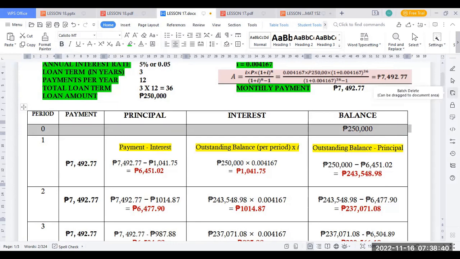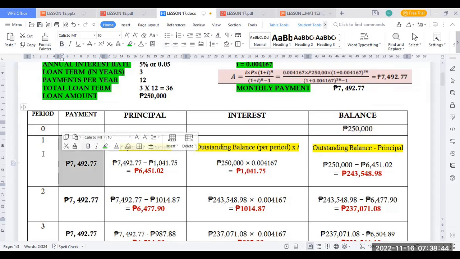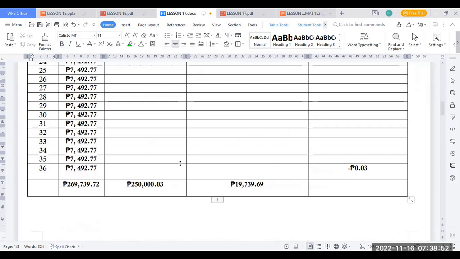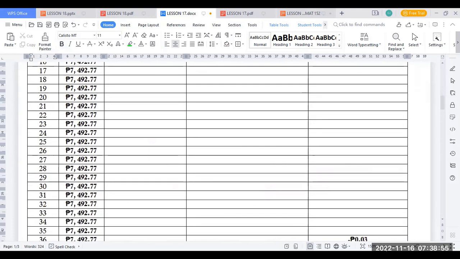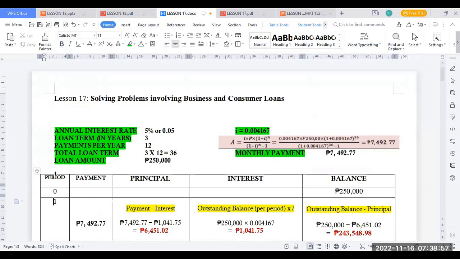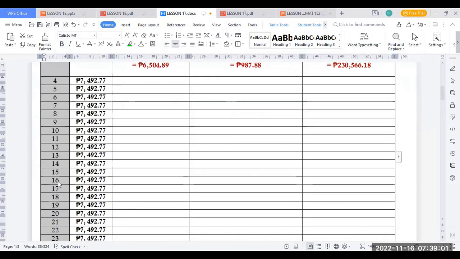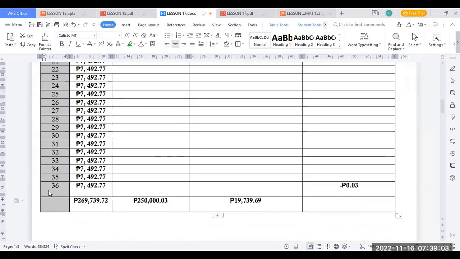Yun yung loan amount. Now, to compute for the period 1, so, dun tayo sa first month. So, yung table kasi is hanggang 36. Okay, that's the first column. Yung first column natin is the period.